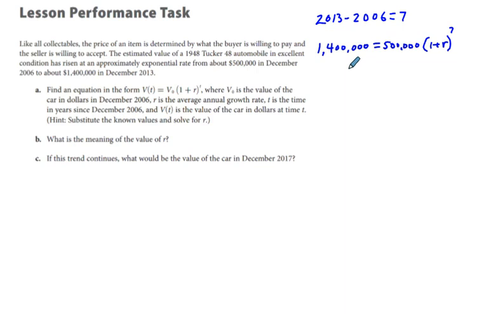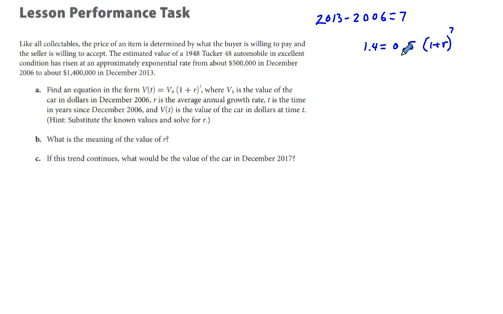Okay, so we're still on part A. What we're going to do is divide by 500,000. Now, one thing you can do in these problems that can really make things easier, instead of going by dollars, you can go by millions of dollars. So instead of 1,400,000, I can put 1.4 equals 0.5, because 500,000 is 0.5 million.